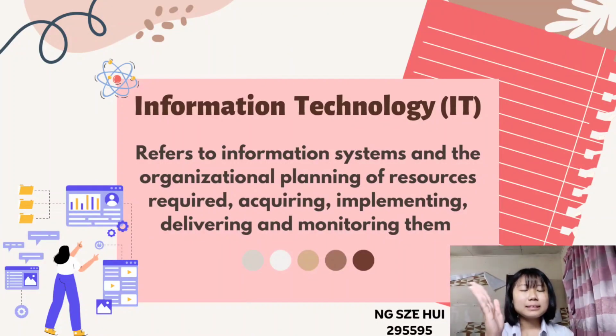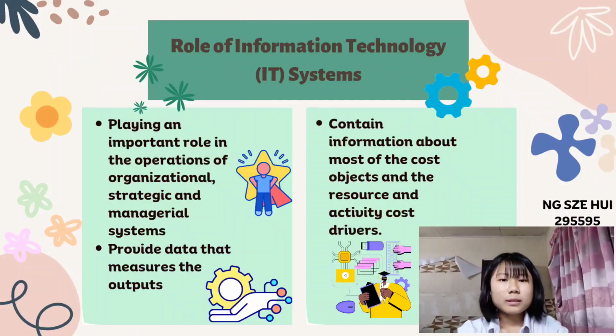Besides management accountants and managers, the organization's information technology, which is the IT system, plays an important role in the implementation process. Information technology, IT, refers to information systems and the organizational planning of resources required for acquiring, implementing, delivering, and monitoring them. The use of information technology has been significant to the operation of organizational strategy and managerial systems for many years.